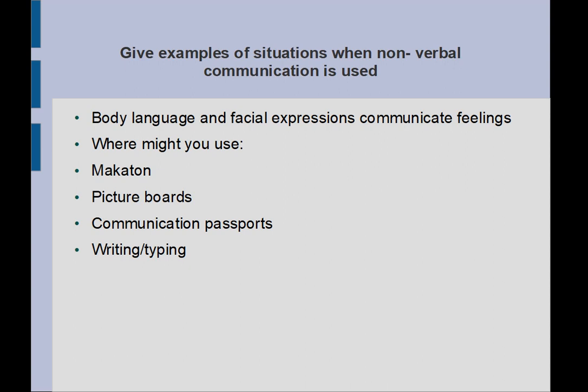It is a way for people to communicate their needs and what they want by pointing to the picture. Communication passports are fairly similar. They're usually printed up as a pocket-sized book that the person can have on them all of the time to help them communicate.